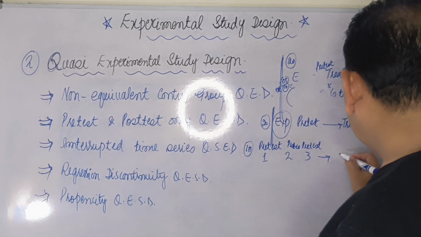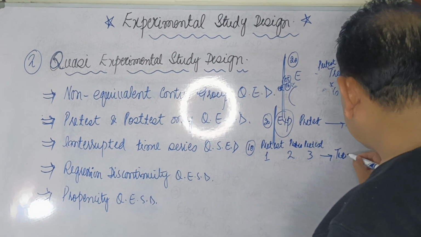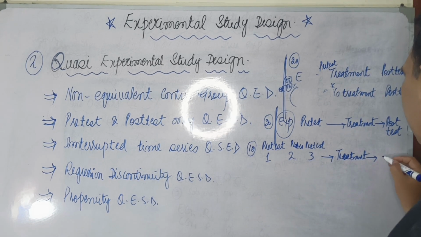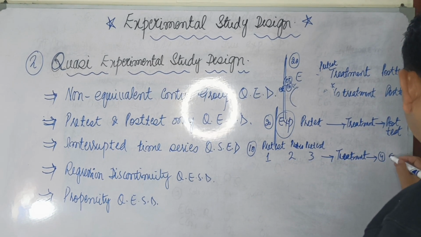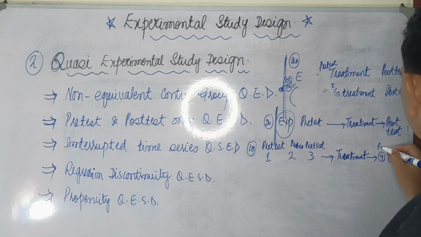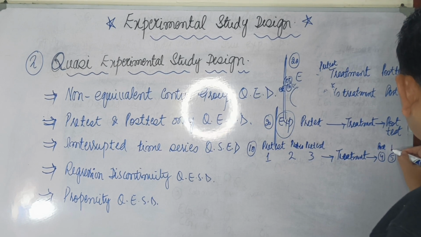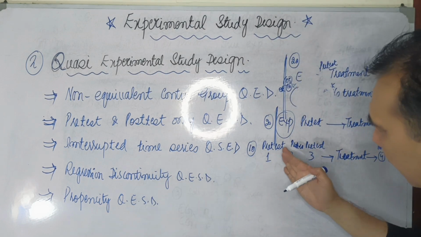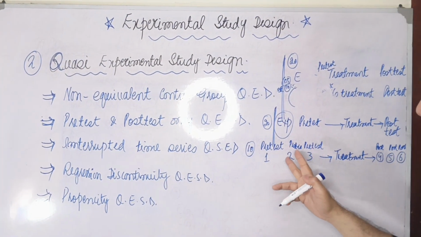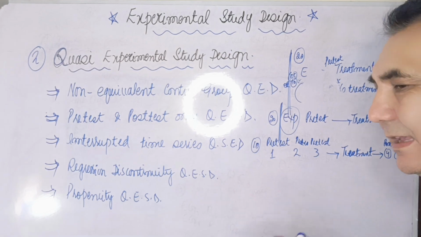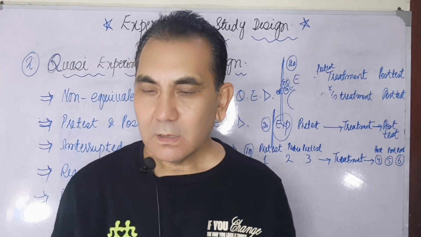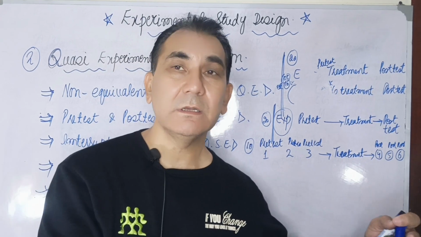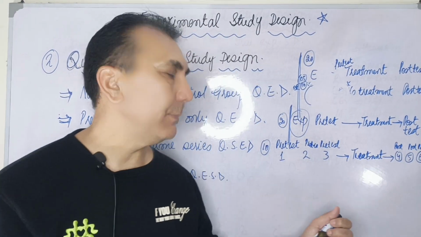Then he gives the treatment, or you can say intervention. Then again he takes the fourth, fifth, and sixth tests as post-tests. Between the pre-test and post-test there is a phase. He took the pre-test and post-test after some specified time period.